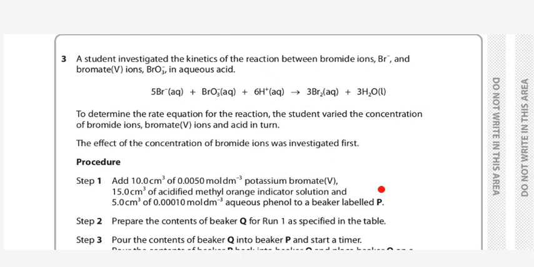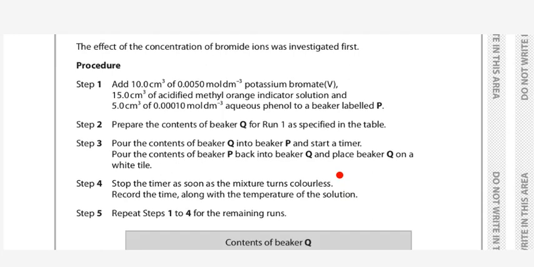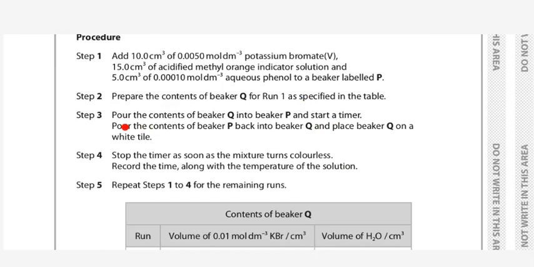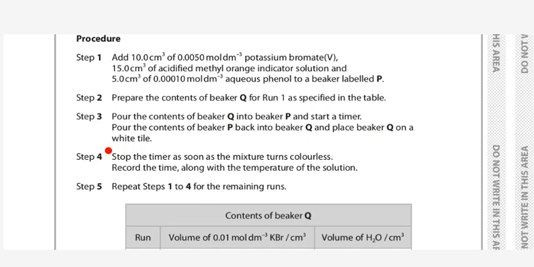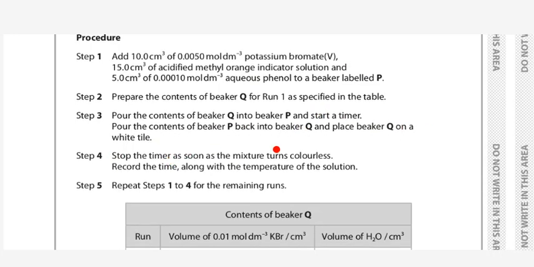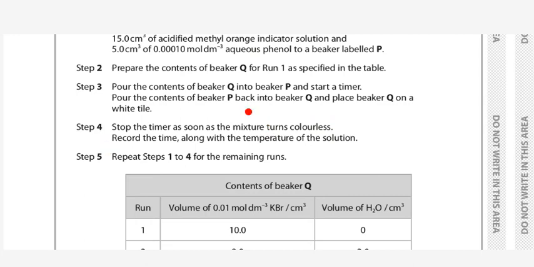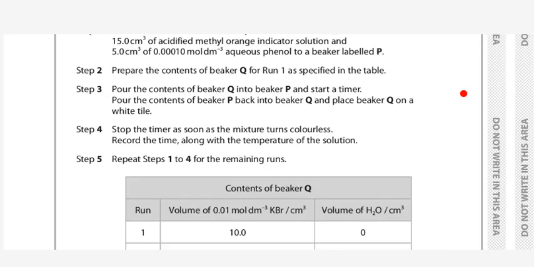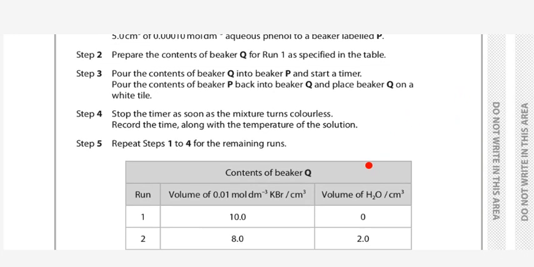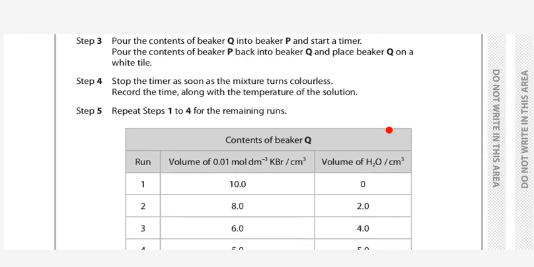Bromine reacts with the phenol to form a white precipitate. Pour the contents of beaker P back into beaker Q and place beaker Q on a white tile. Stop the timer as soon as the mixture turns colorless, because it forms a white precipitate. 2,4,6-tribromophenol is the white precipitate, and the orange-brown color disappears.